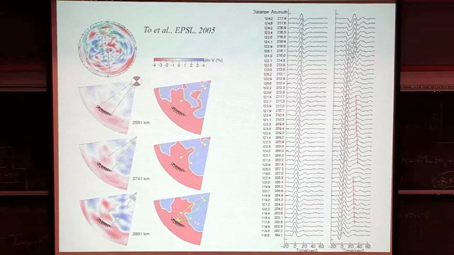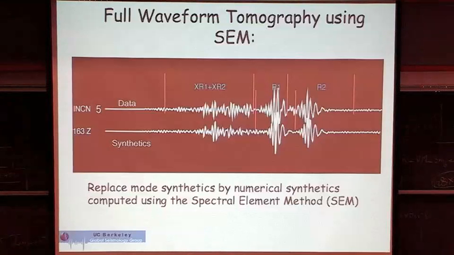Okay, so now moving forward, I think this ability to do waveform tomography has recently got a real boost from the moment where the synthetics could be accurately computed using numerical methods such as the spectral element method.